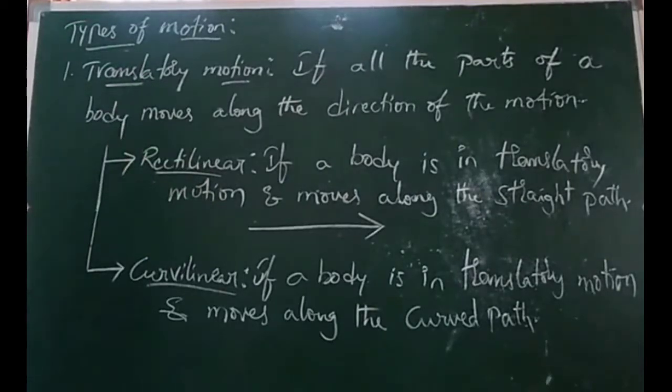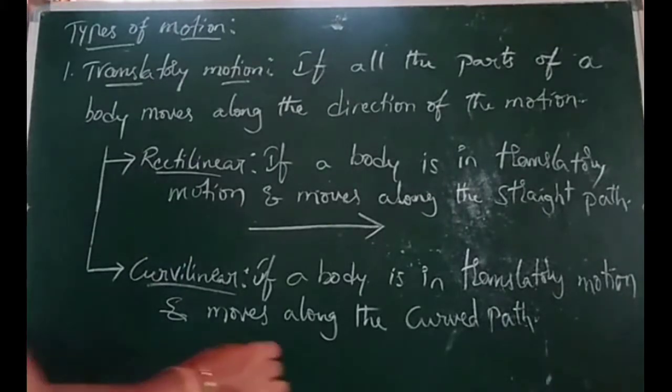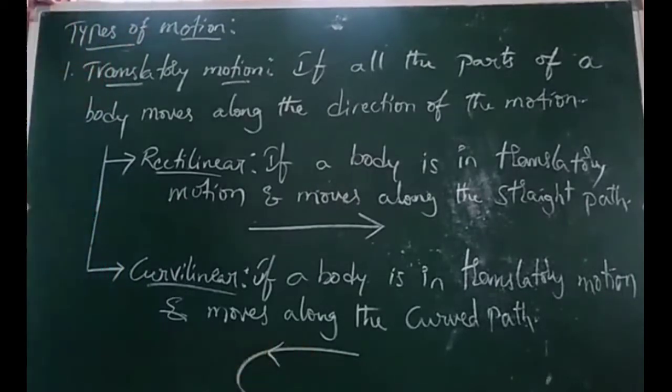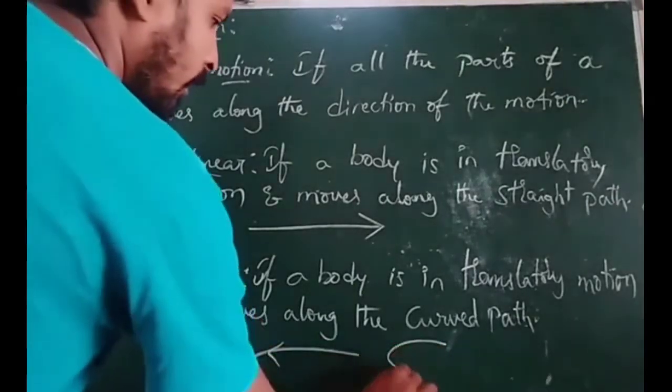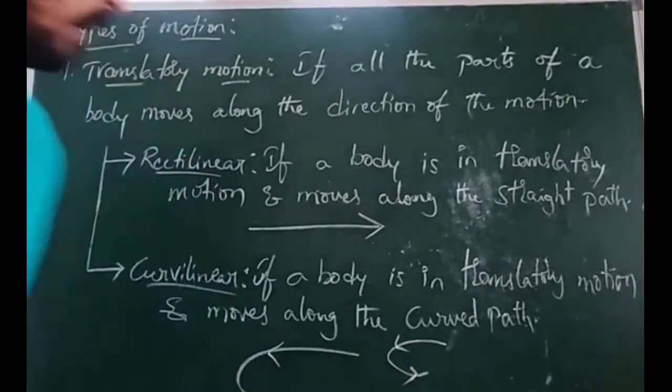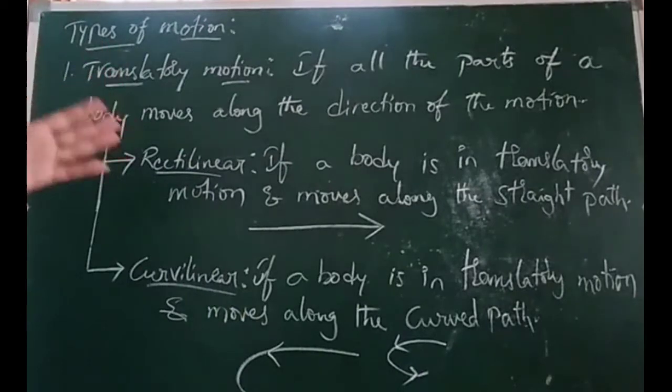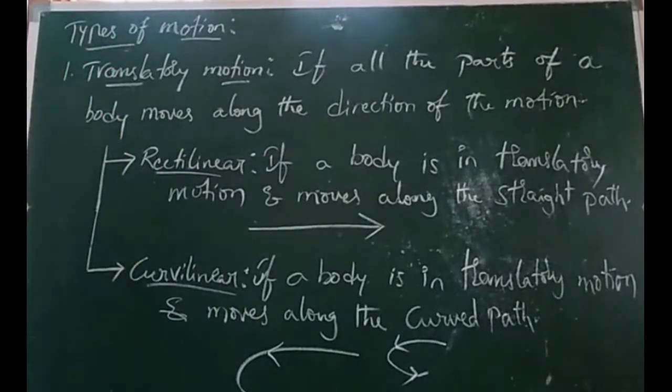But coming to the curvilinear motion, if a body is moving in a curved path, then the motion is curvilinear motion. The path should be curved. Remember, translatory motion and rectilinear motion are both the same.